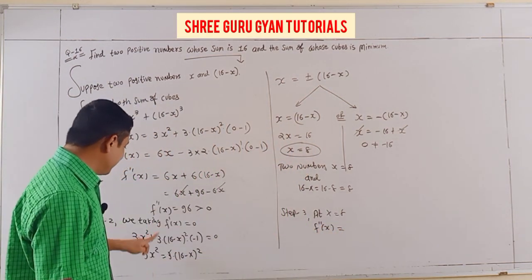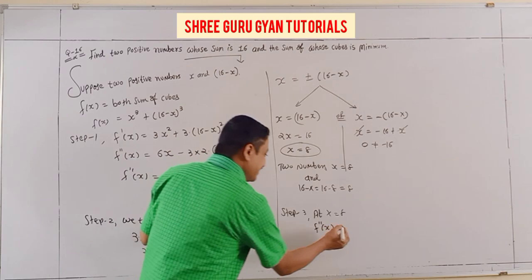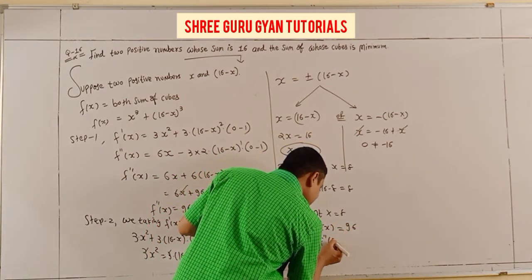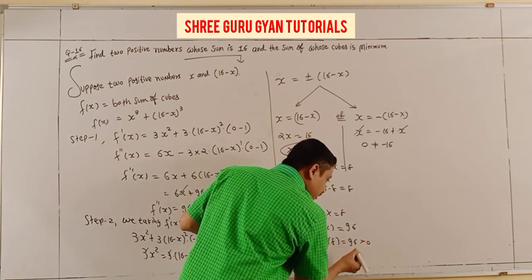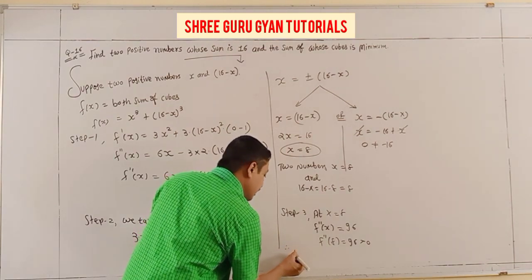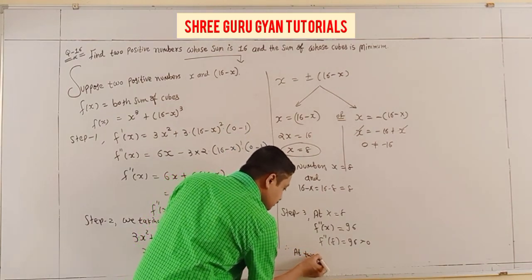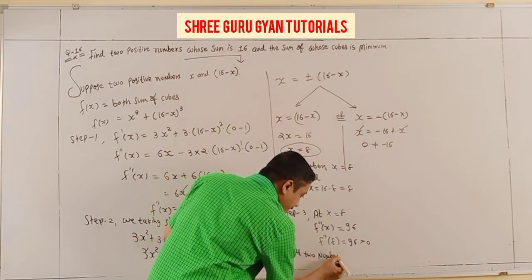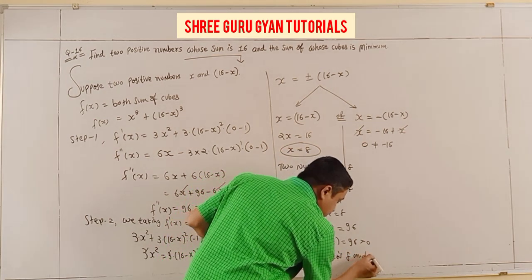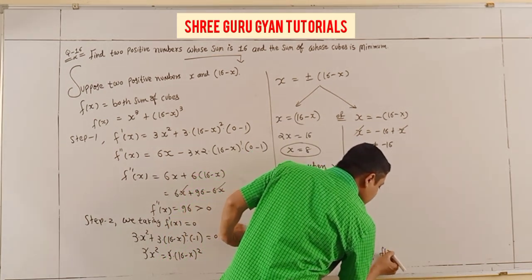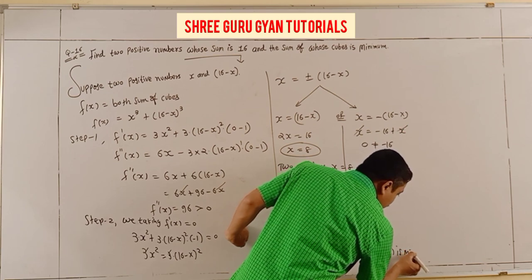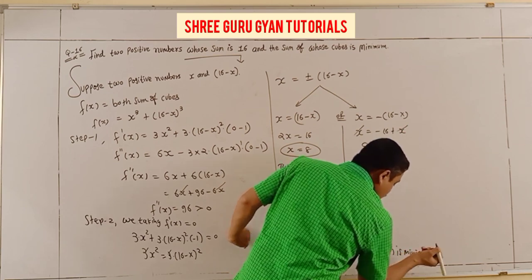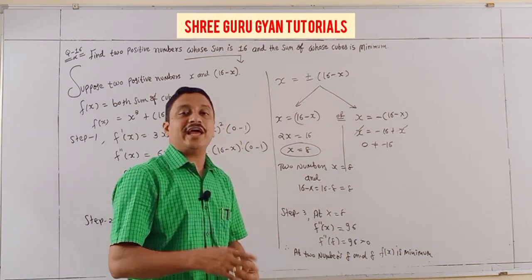Already we checked here 96. And you just apply f double dash 8, it is nothing but greater than 0. Therefore, the two numbers are 8 and 8. Your f(x) is what? Minimum. So your correct answer is here 8 and 8.